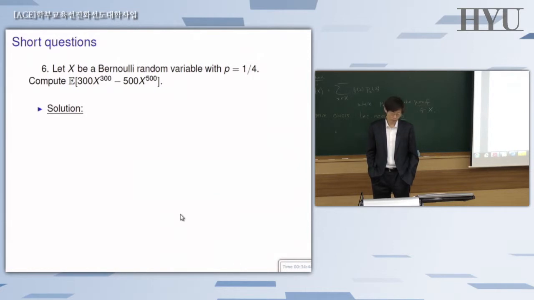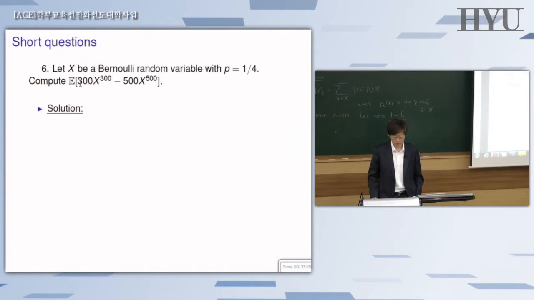So there's the messy-appearing, but indeed not very messy, function of x. First you get the number 300, and times x to the same number, 300. Subtract now 500 times x to the same number again, 500. And you're supposed to take the expectation of the whole function.